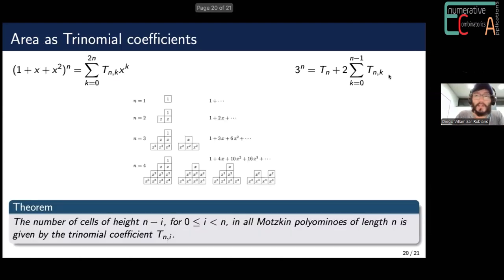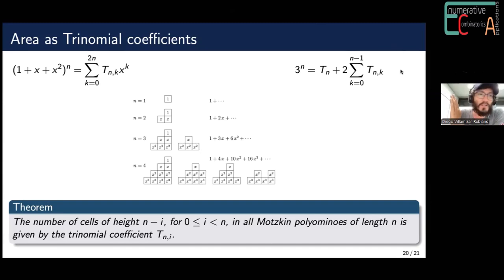So I have a picture. When you expand, you get these polynomials that have degree 2n. So you have an odd number of monomials, and the one in the center is the Tn that appears in the three formulas back there. And they're palindromic. So the information before the center is the same as the information after the center.